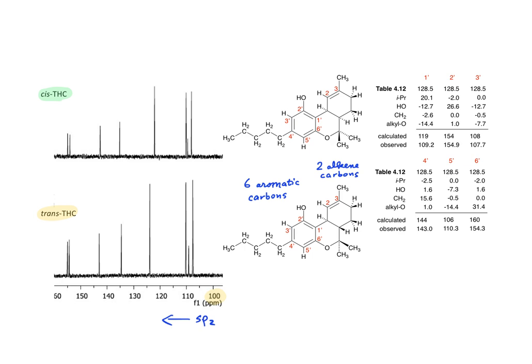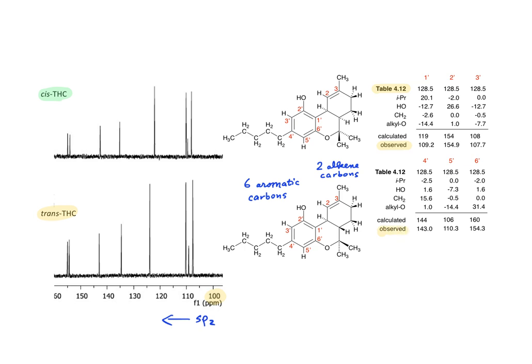We can actually make some estimates for the aromatic carbons by applying the substituent rules for aromatic compounds from table 4.12. Now, the substituent effects are not going to account for stereochemistry, but we'll compare with the values for trans THC since that has been better characterized.